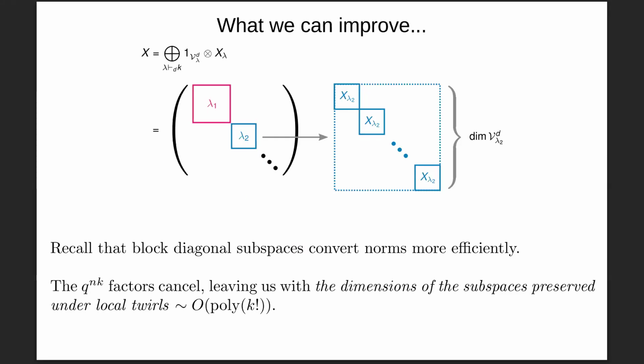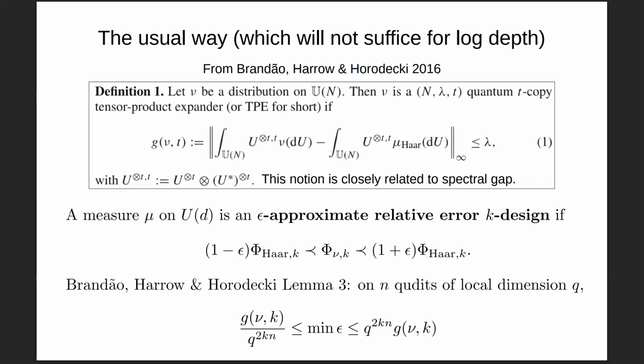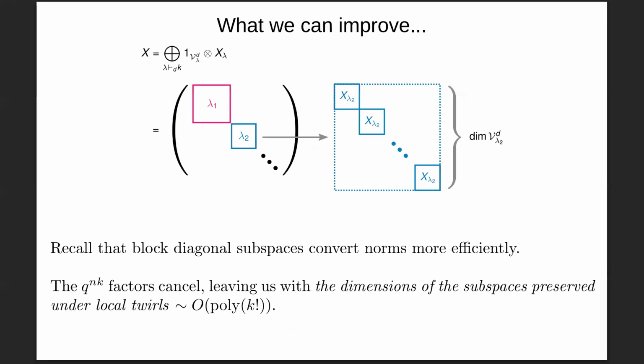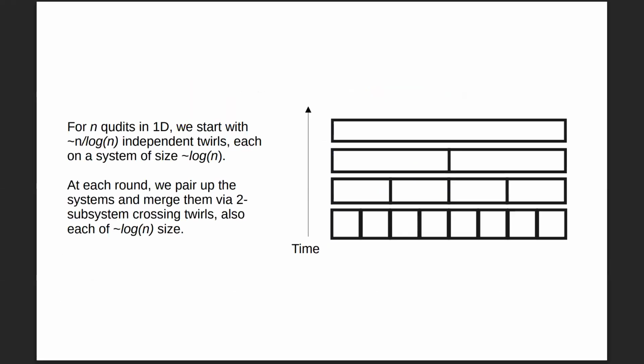Once we do that, we're able to perform this norm conversion, but instead of a q to the 2kn, we get some poly k factorial here. We go to relative error without putting any factors of n back in. Then we would apply this bipartite protocol to small chunks of size log n of a large system.